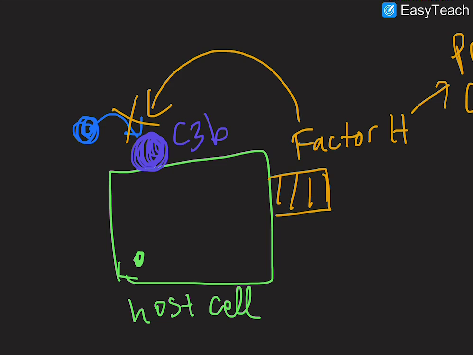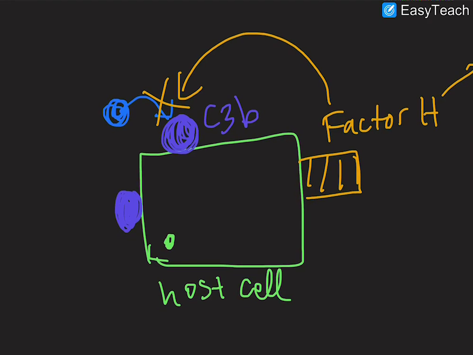That's one way. Another way is, let's say C3b is bound to your host cell. And let's say factor B was able to bind, factor D did cleave factor B into Bb, and now you have C3 convertase, right? C3bBb.